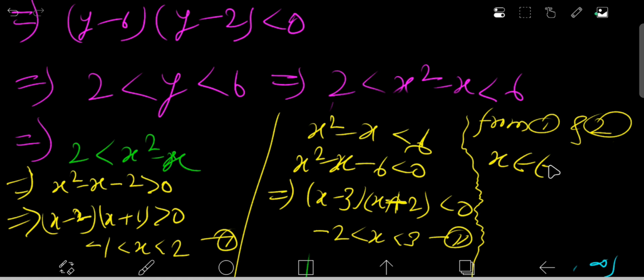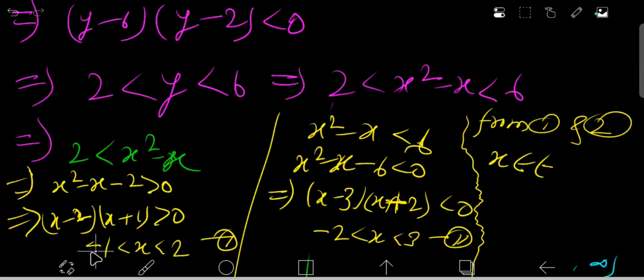How do we write this one? We wrote this side in a wrong way. This side is less than, so we take the negative interval, not the positive one.